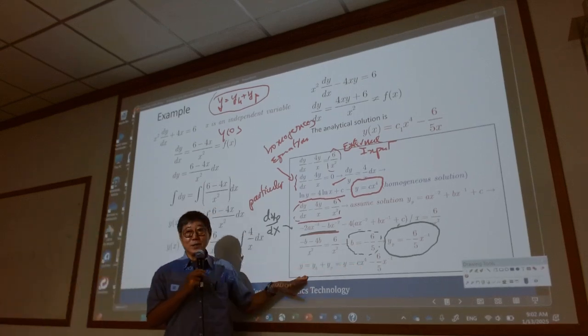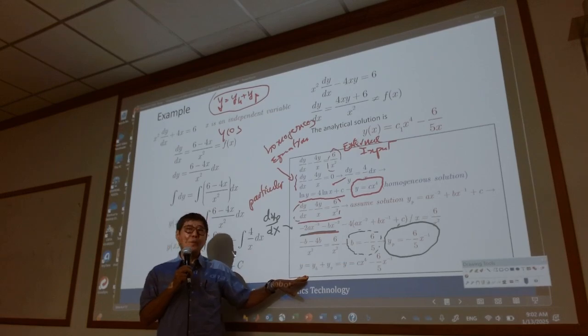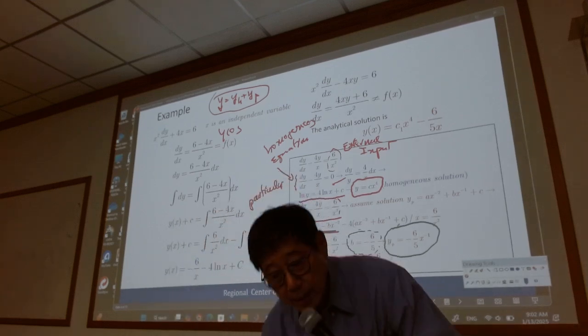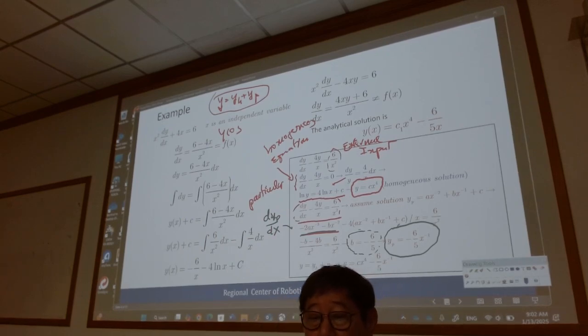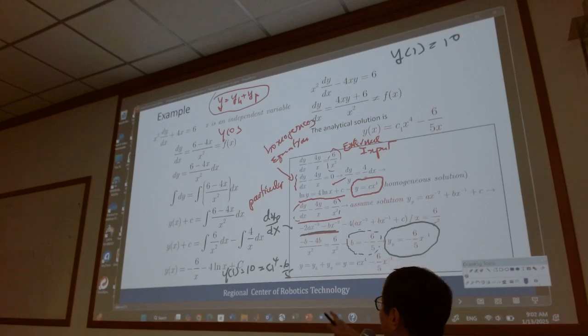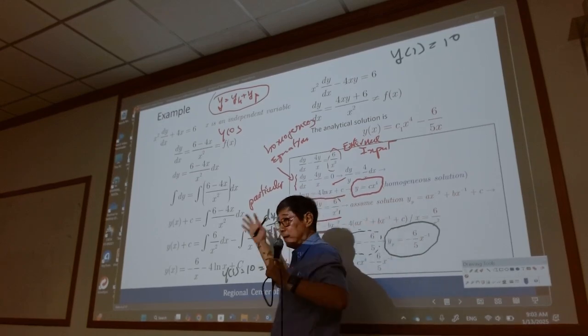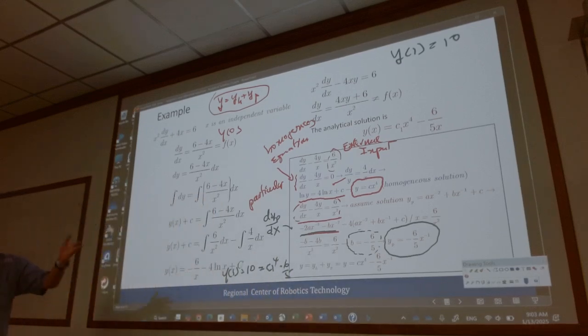Any condition, y1, y2, y3 or y0, if you know one of them, you can solve for C. Let's say y1 equals 10, which equals C times 1 to the 4 minus 6 over 5. 1 to the 4 is 1, so you can find C. You need some condition. So that's the solution.